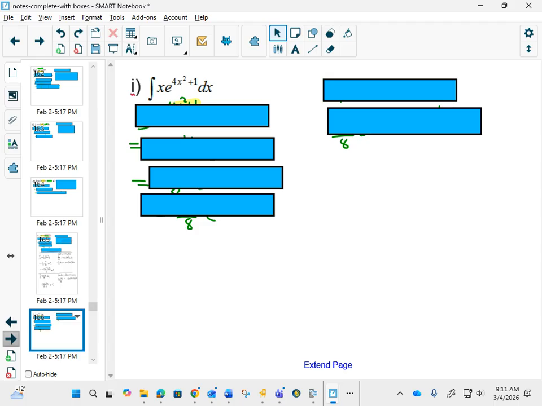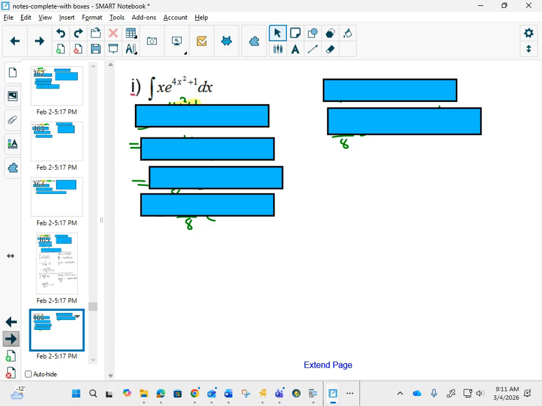Here's another one. We have 4x squared plus 1 inside e to the x. But what's its derivative? Its derivative is 8x. But we don't have an 8x. But we do have an x.